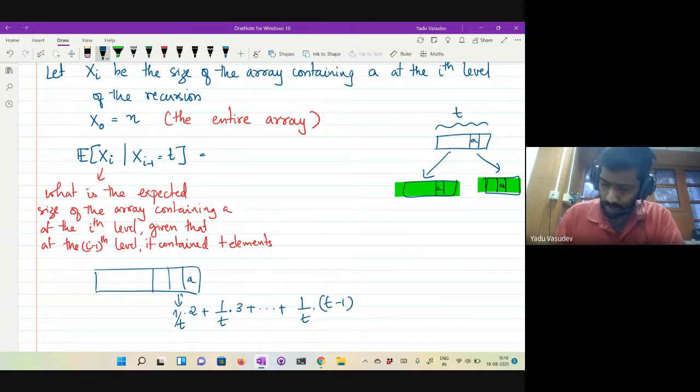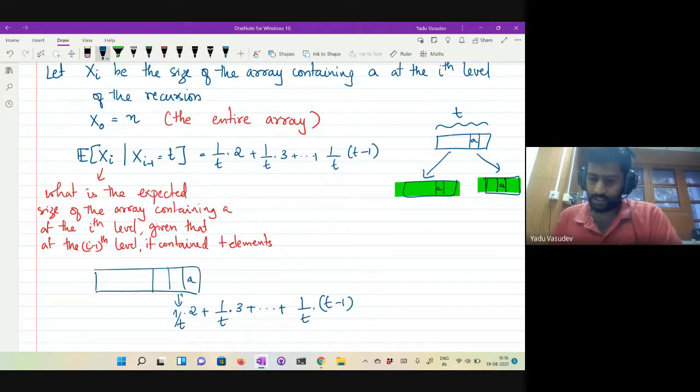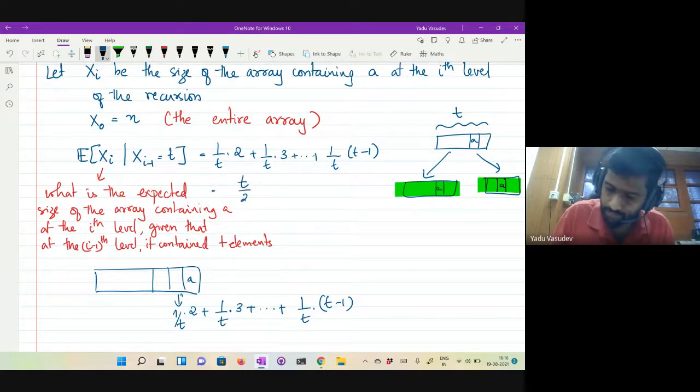Okay, good. So this is with probability 1 over t, this is 2 plus 1 over t, this is 3, and so on till 1 over t, this is t minus 1. So let's try to do this. The sum is something like t times t minus 1 by 2, 1 over t times 1 plus 2 plus 3 and so on till t minus 1.